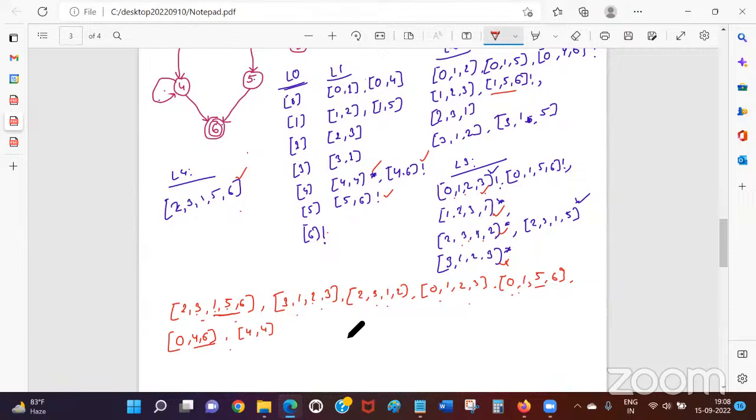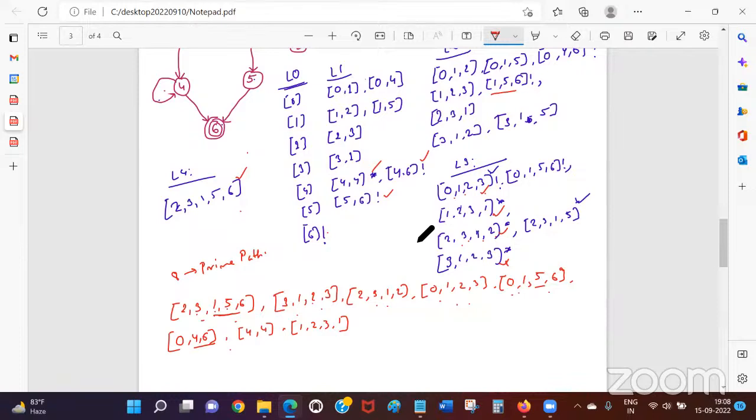Yeah, I forgot to add this. 1, 2, 3, yeah, this is not there. 0, 1, 2, 3 I have. Then 0, 1, 5, 6 I have. Yeah, so these are the 8 prime paths which cover all the simple paths.